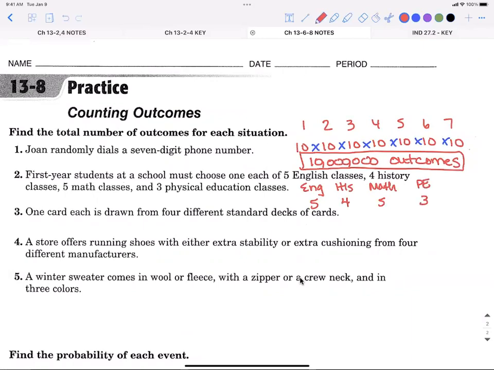This is all of our combination possibilities, so we're going to put multiplication in between each one. In your calculator, you're going to take 5 times 4 times 5 times 3, and we get 300 what? Outcomes. Good. 300 outcomes.